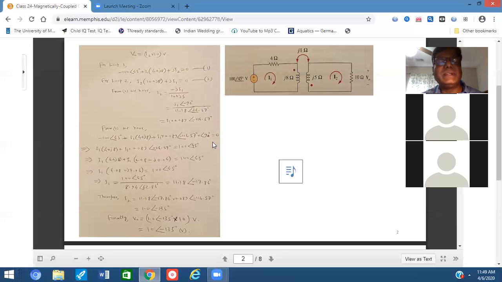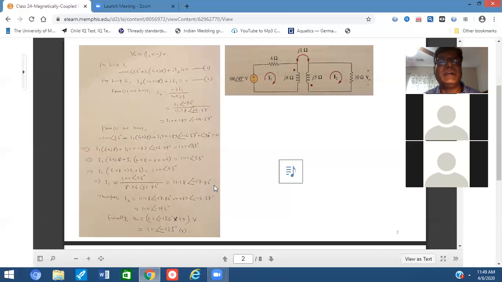And then I am just simplifying. You know that minus 100 at an angle of 45 degrees, I have moved it to the right side of the equation in the second line. And then I1 is the common factor. Finally, I got the result of I1: 11.18 at an angle of minus 17.86 degrees.